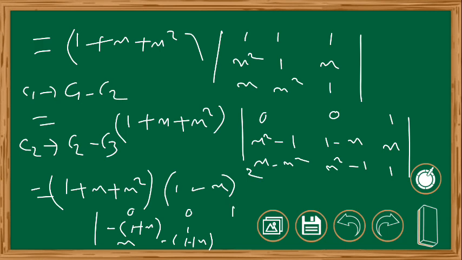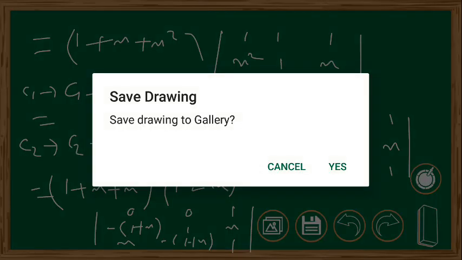Now what is left is 1, x and 1. Clear? Expanding along the first row 0, 0, 1, only 1 will be left, with minus 1 plus x, 1, x, and minus 1 plus x. Clear? So let me save this one.